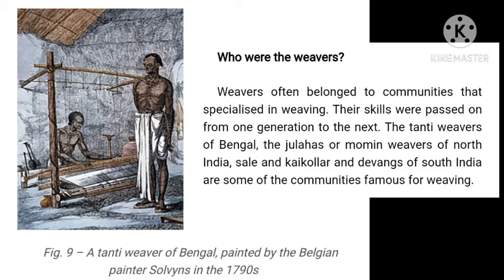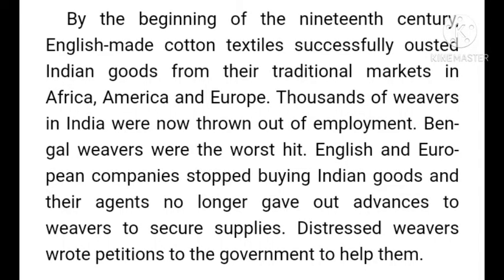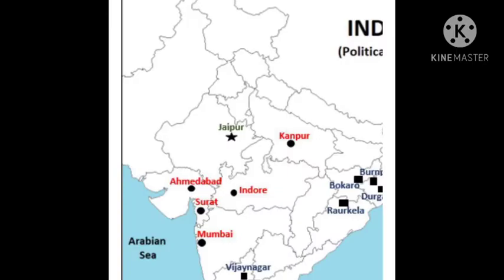The development of cotton industries in Britain affected textile producers in India in several ways. Due to the decline of the Indian textile industry, weavers and spinners lost their livelihood and became agricultural laborers, thus putting more pressure on the already overburdened agriculture.